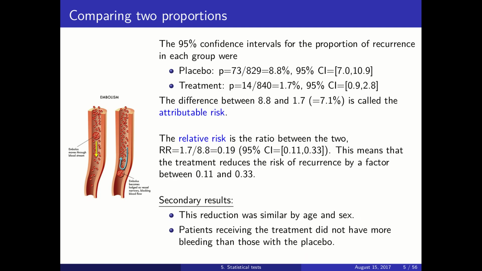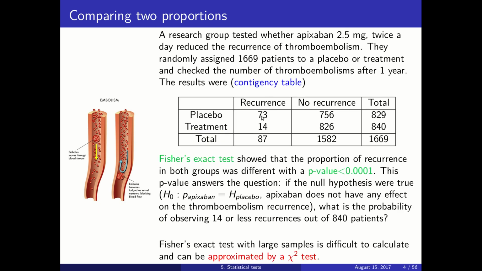Okay, but we already know about confidence intervals. Can we reason in terms of confidence intervals? So we have the proportion of people having recurrence in the placebo group, just a reminder of the numbers. It is 73 divided by 829.